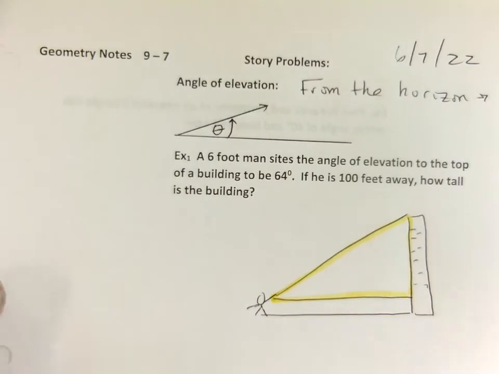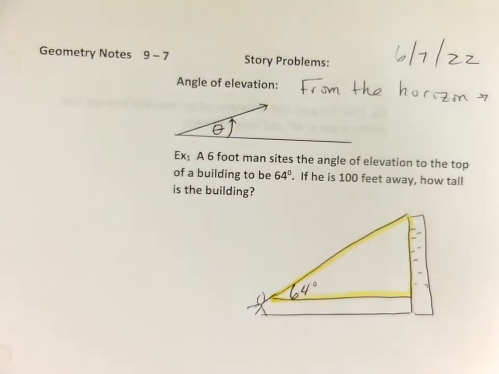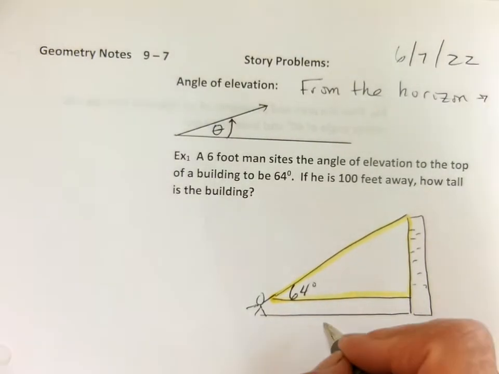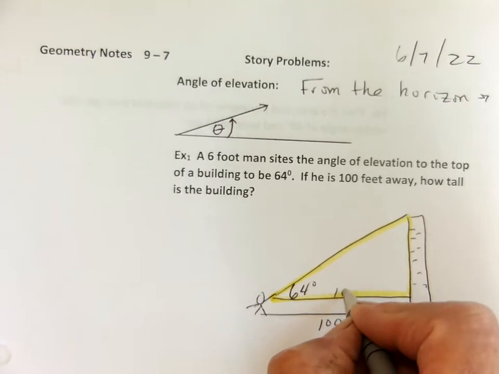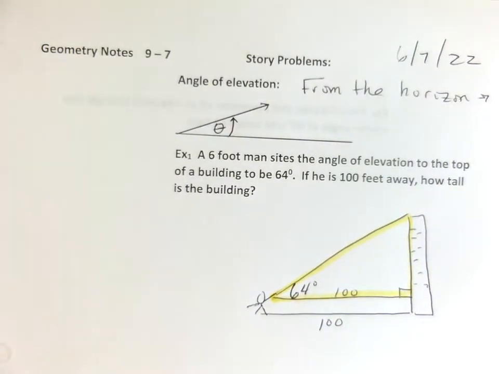So put in my 64 degrees as the angle of elevation. Now if he's 100 feet away, that's my adjacent side, right? That's 100, which is also 100 here. Hopefully we've got a right angle. How tall is the building?